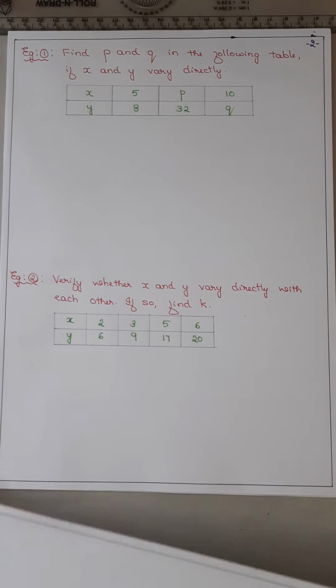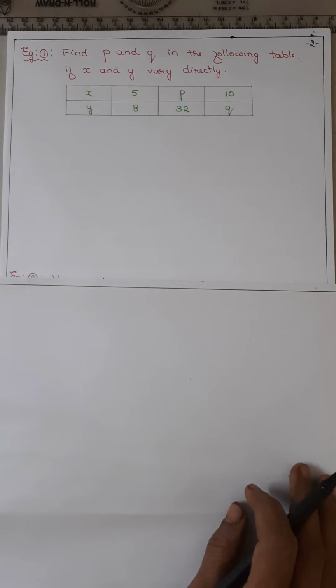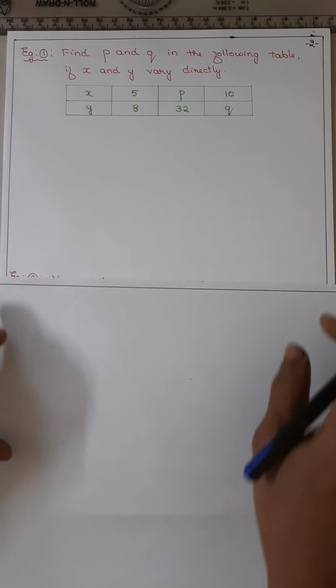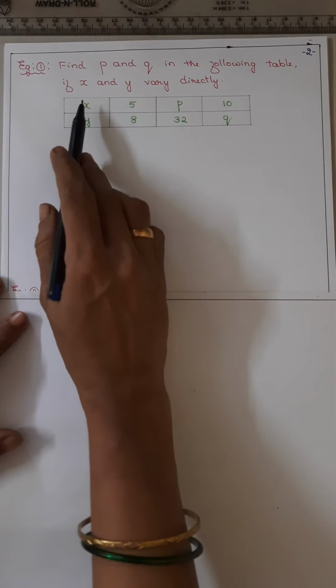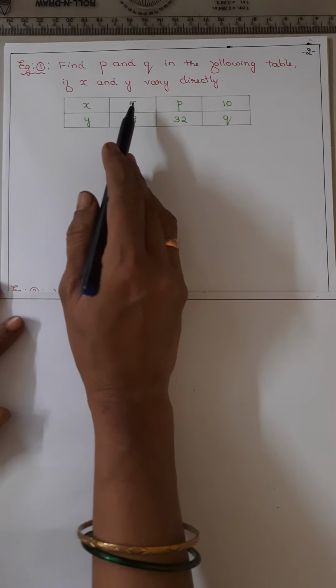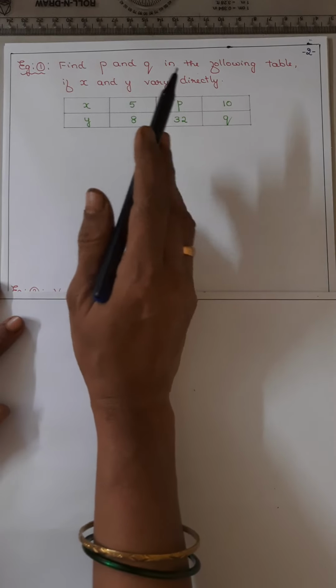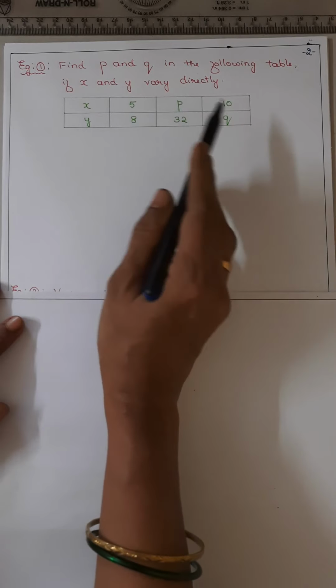Now, we will understand the examples. Example 1: Find p and q in the following table if x and y vary directly. Here x and y are given, and they have already told us it is varying directly, that is direct variation, and we have to find the values of p and q.